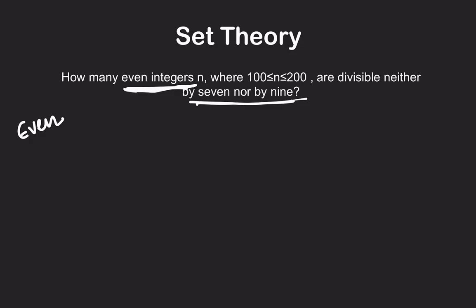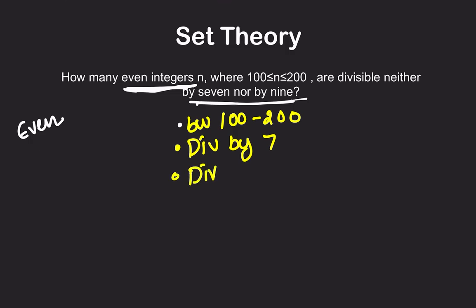So let's start with thinking about between 100 to 200: find all the numbers which are divisible by 7, find all the numbers which are divisible by 9, and these numbers have to be odd.